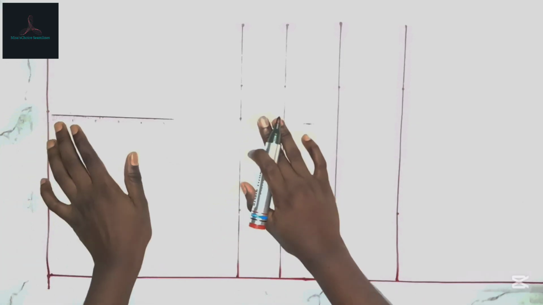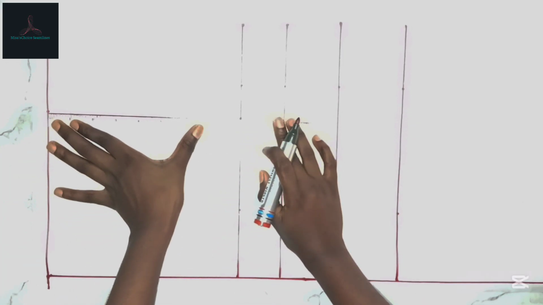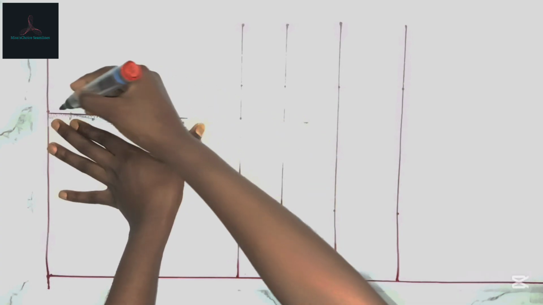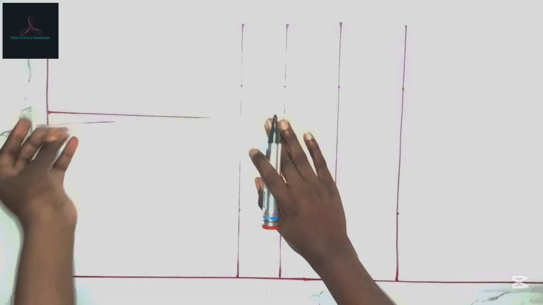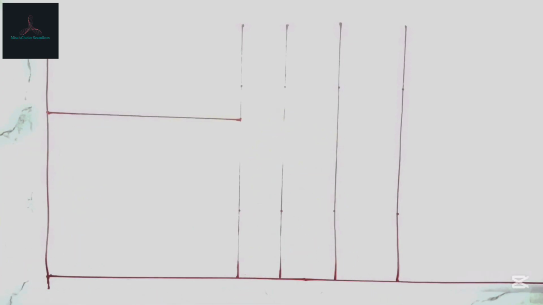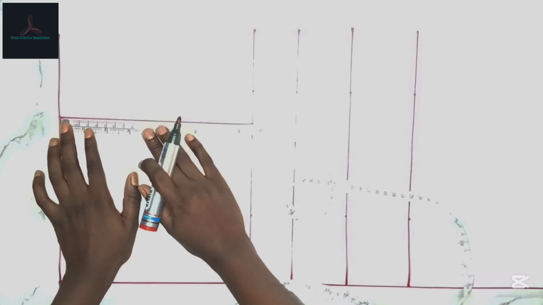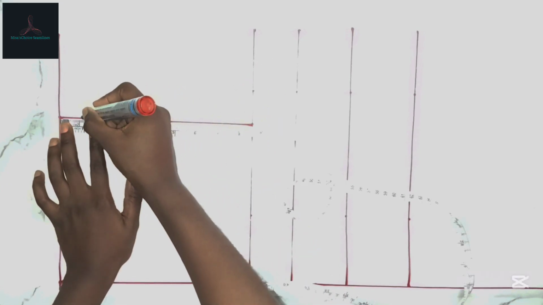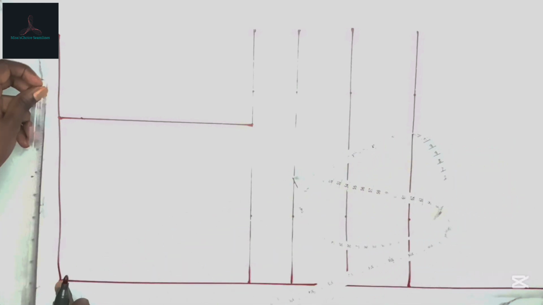Now I'm going to rule it into a straight line. From the starting line as well, I am going to come down by 1 inch for my shoulder slope, and I am going to take this all the way to this edge here.